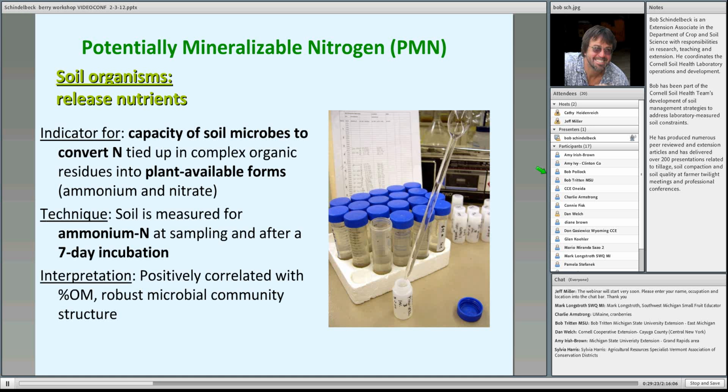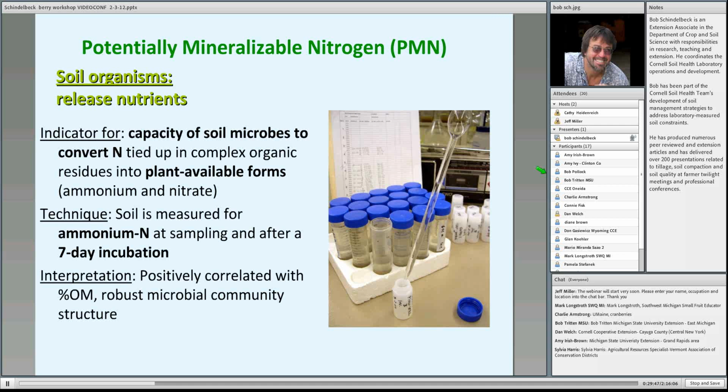Right, so these soil organisms can mineralize nutrients by breaking down organic material. Mineralization refers to taking organic material and returning the nutrients and minerals in it back into plant available forms. Plants tend to take up inorganic substances and combine them into organic forms.